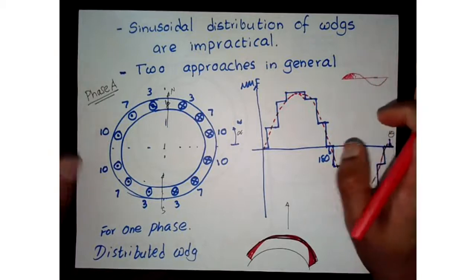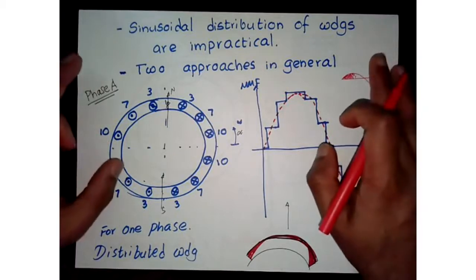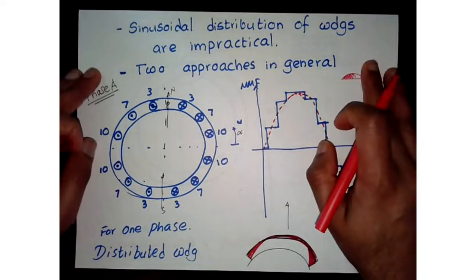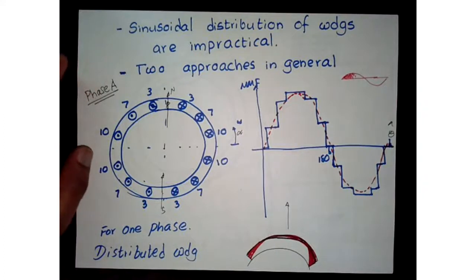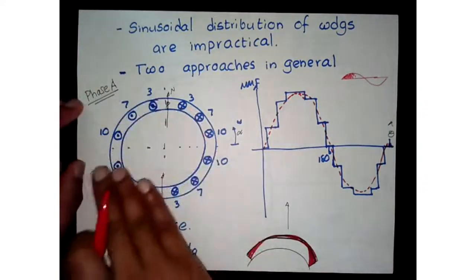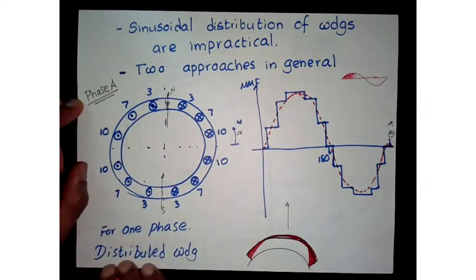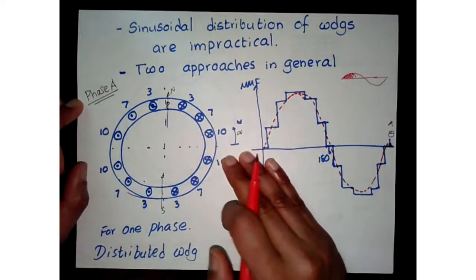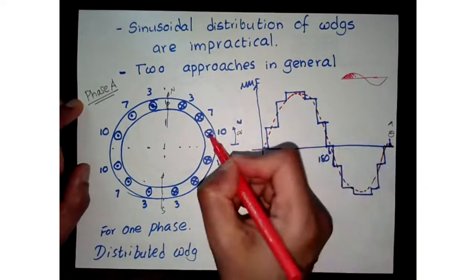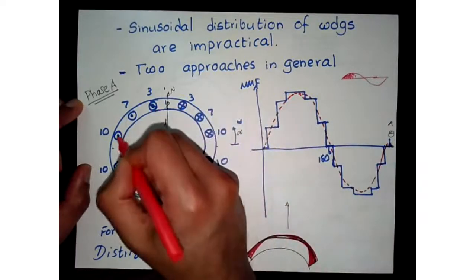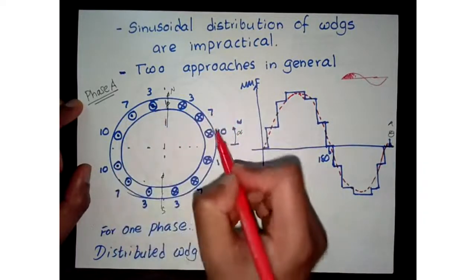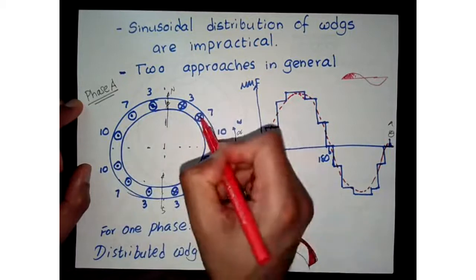There are two different approaches that tend to be followed in the industry. You have a set of distributed windings per phase. We are only looking at one phase here, and this is a distributed winding, which means different slots have different numbers of windings: 10 here, 10, 7, 3.